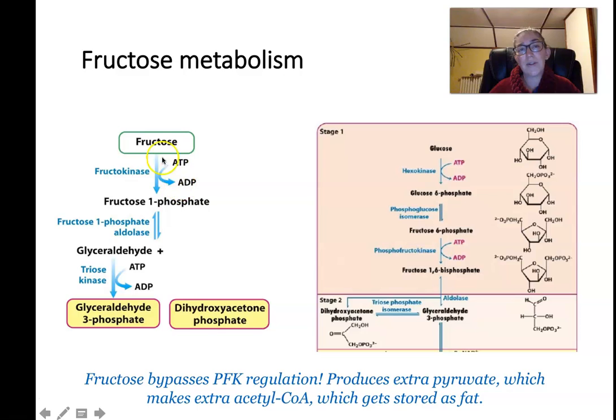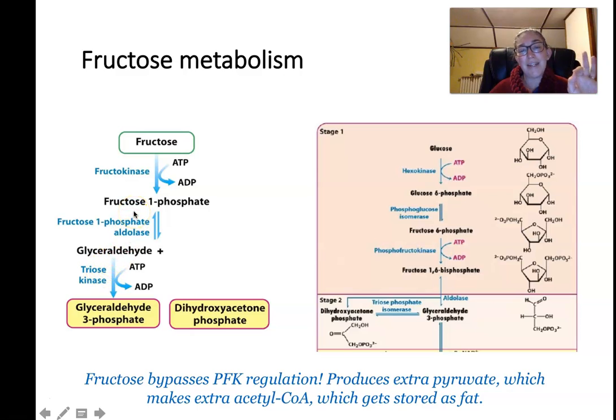But fructose doesn't have a regulatory step, all right? Glucose metabolism has that regulatory step right here where phosphofructokinase is, so we can stop doing glycolysis when we have enough ATP, but we don't stop doing whatever the glycolysis of fructose is called, okay?